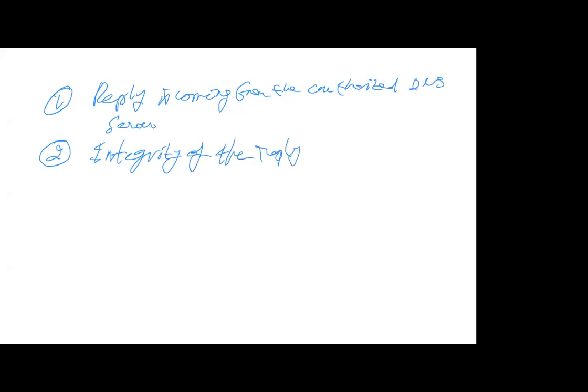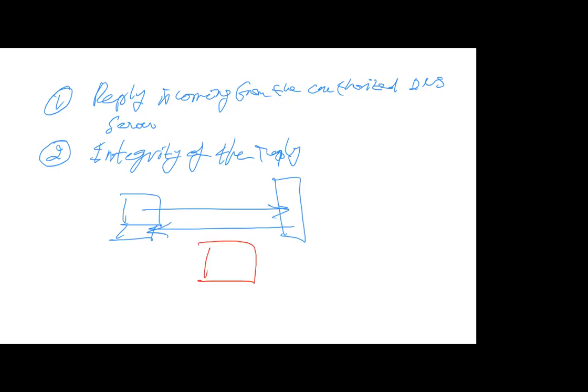Why? Can we change the reply? Yes, because of a man in the middle attack. A user sends to a DNS, what is www.microsoft.com? It will reply 1.1.1.1. If there is any hacker here, gentlemen, and he knows that there is traffic, then what he will do, he will sit here and take this traffic reply.